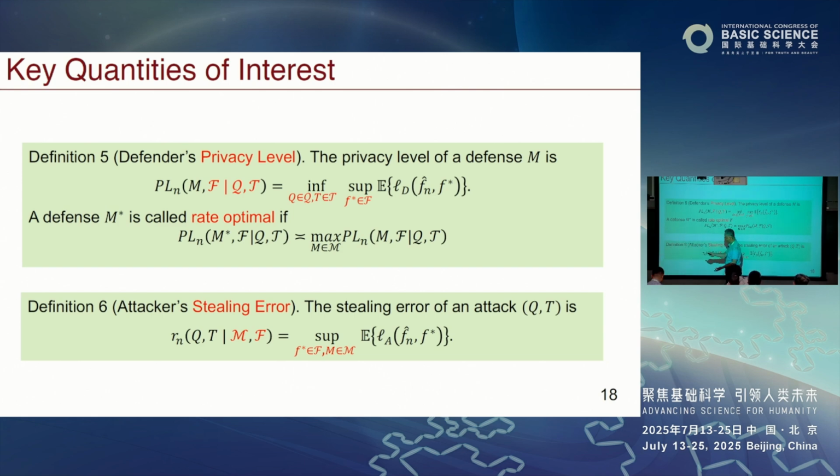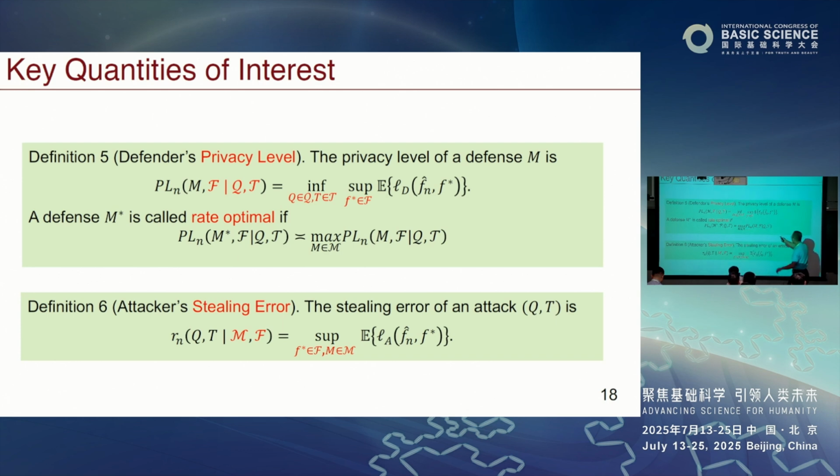At least for the definition, there is a query strategy and a learning algorithm, and then we're talking about the model privacy of a specific defense mechanism. Therefore, it's a property of a specific defense mechanism, but the background is the choice of query and learning strategy.